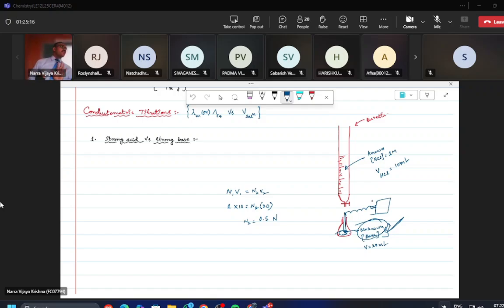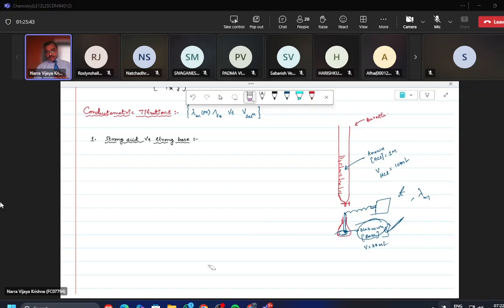Clear? So I am doing this titration and I am going to calculate the end point or equivalence point by measuring conductivity values or molar conductance values. Is it clear? Any questions?